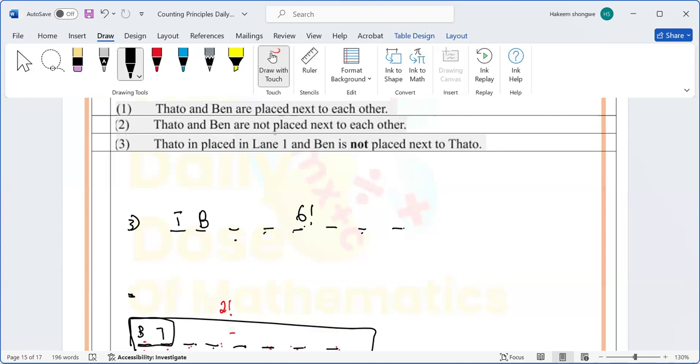They can't move, because the condition says Tato is supposed to be in number 1. The others can still move; another person can be next to Tato, but Pen and Tato are fixed. Does it make sense?